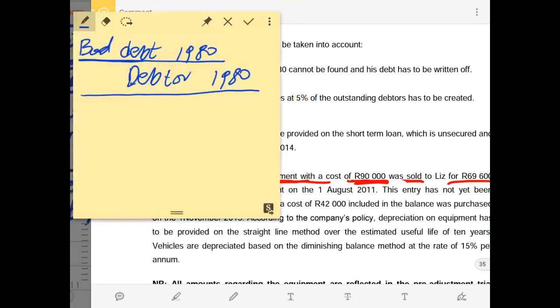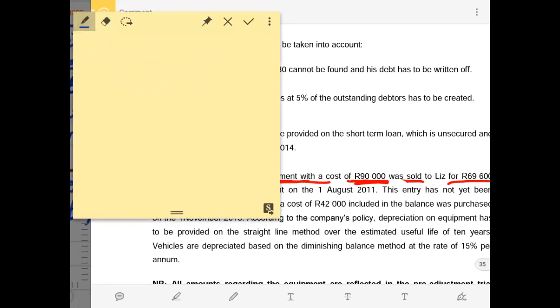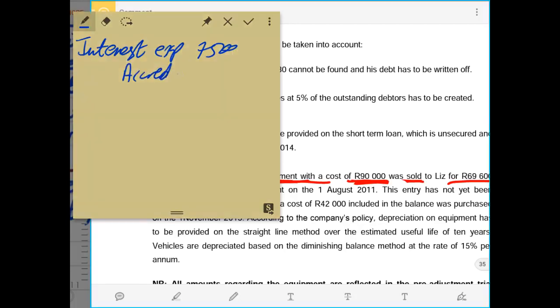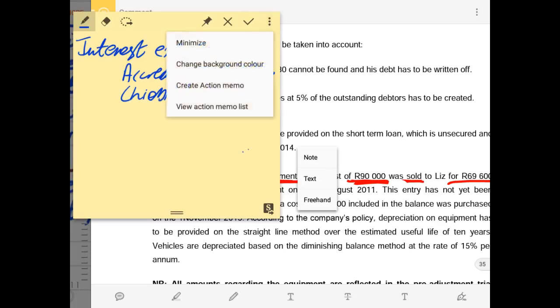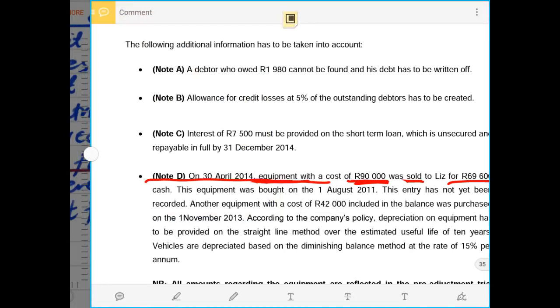Remember, the debit side being interest expense, credit side being accrued interest expense. Let me just show you another journal entry if this was to be recorded in the general journal. It will be debit interest expense 7,500 because it was not yet paid. It will be credit accrued expense 7,500. Remember, accrued expense is a liability. That is why this is recorded as a plus under trade and other payables. So now the debit side has been accounted for and the credit side has also been accounted for.